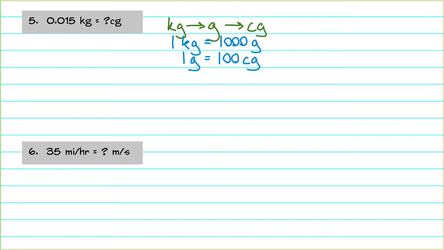So what I need to do is take my original measurement, which is 0.015, and put it all over 1. And I'm going to do this in 2 steps.